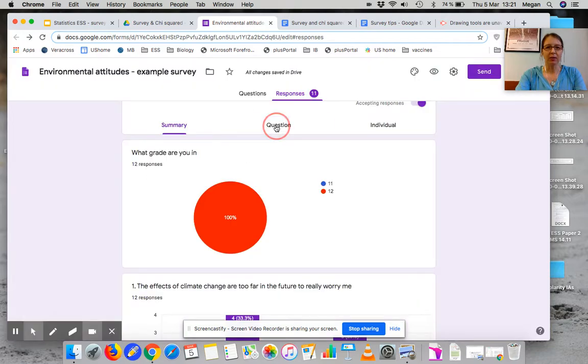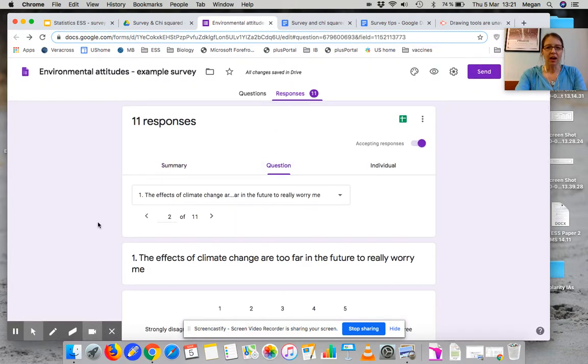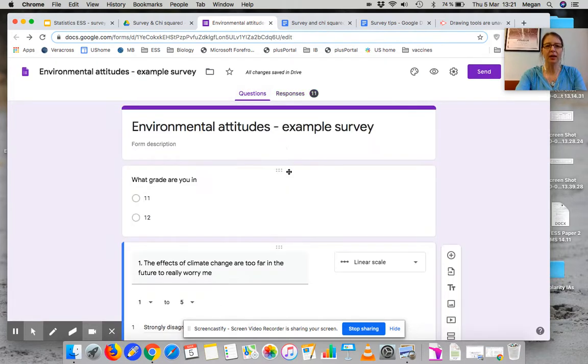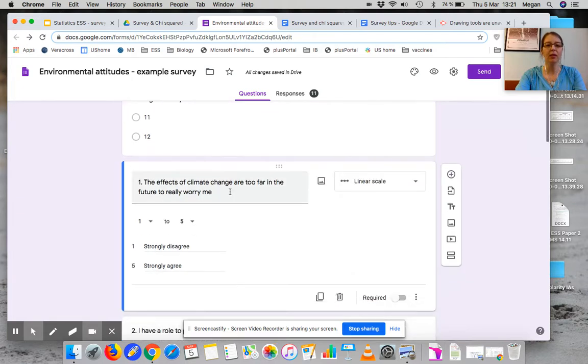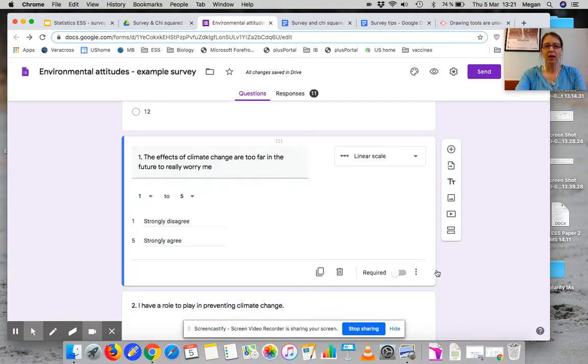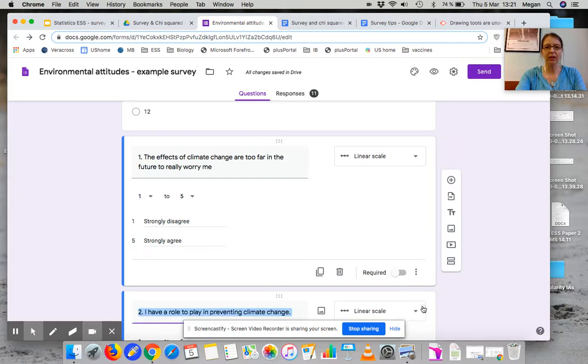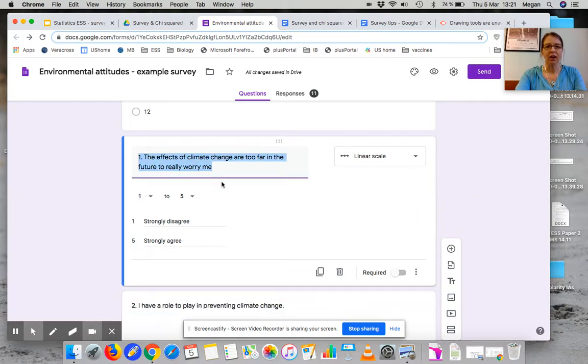If we just look at the questions, the first question of the survey I asked is basically my independent variable. Are you in 11th grade or 12th grade? And then the rest of the questions are on what's called a Likert scale, asking about the effects of climate change.